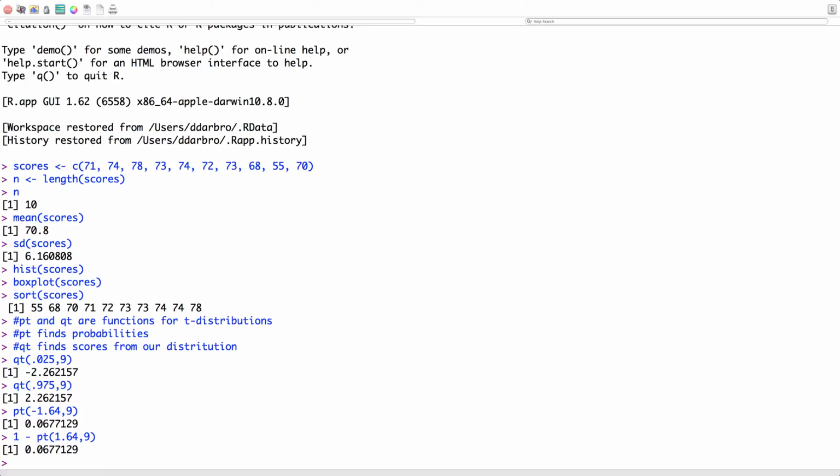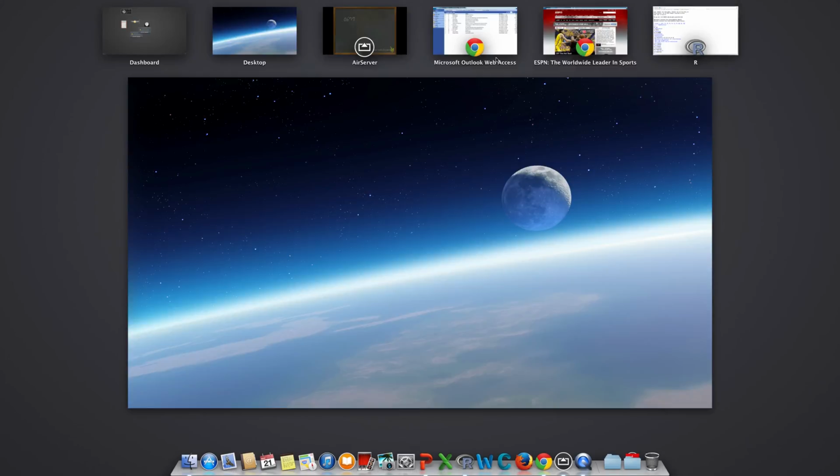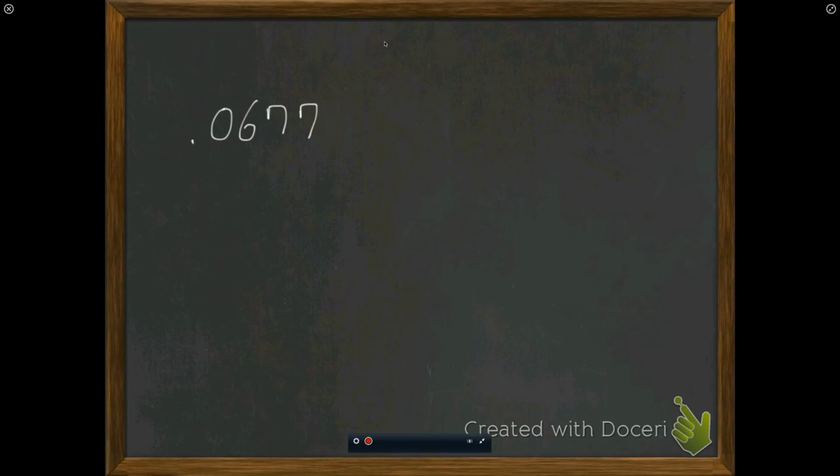Now let me illustrate why I have to take that away from 1, just so there's no misunderstanding. So again, my answer is ultimately going to be this times 2, so 0.1354 approximately.